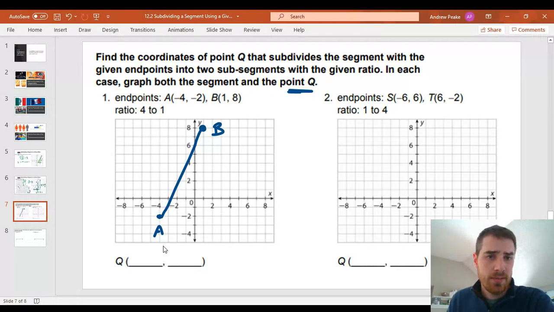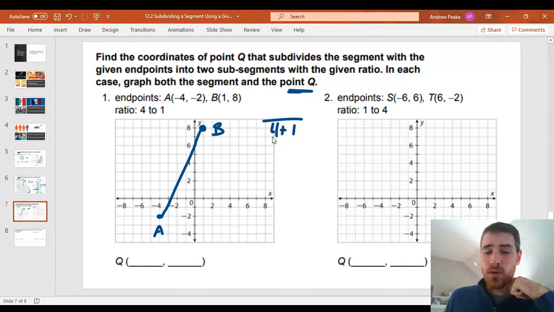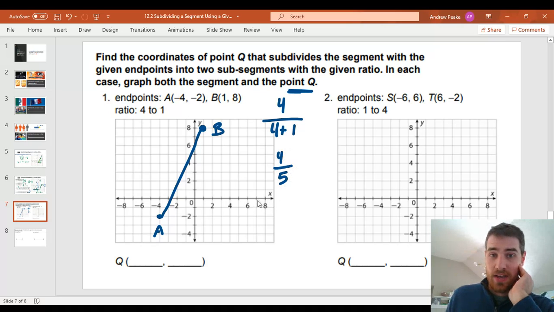So we'll say my ratio is 4-to-1. In this case, the denominator for my ratio is going to be 4 plus 1 because I'm going to have 5 parts in total. And I'm looking to make it a 4-to-1 ratio, so we'll make it 4 on the top. So my ratio is 4 over 5.